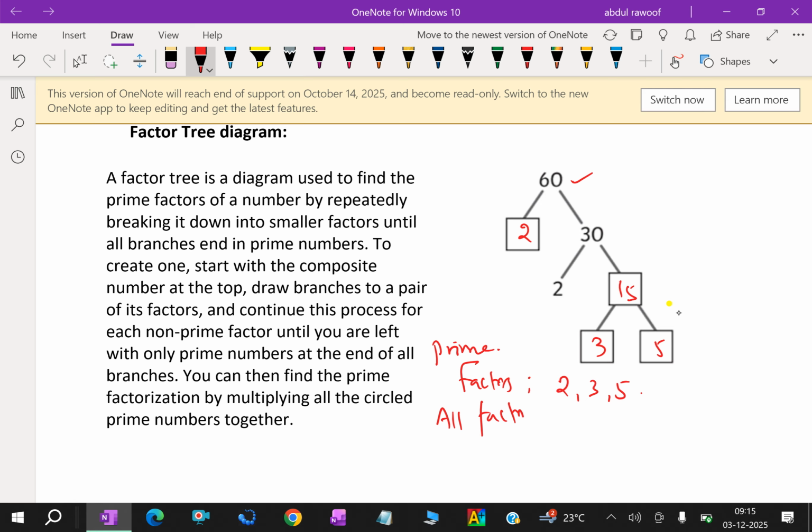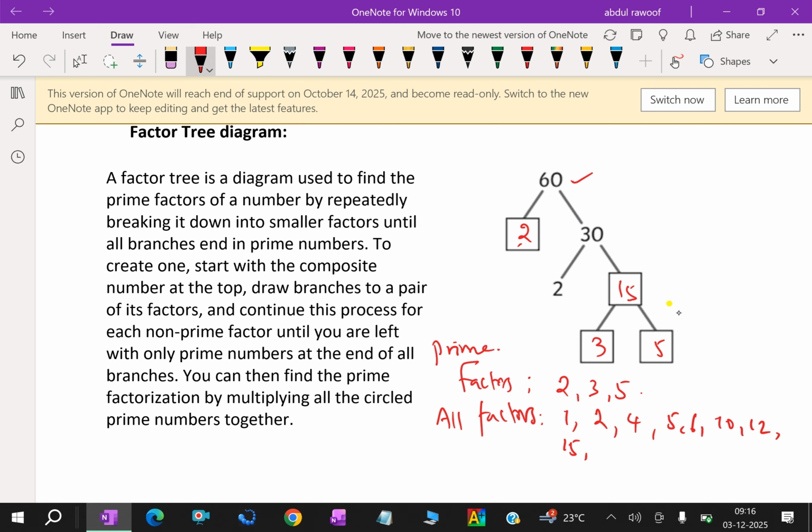All factors of 60: 1, 2 is a factor, 2 into 2 is 4 is a factor, 2 into 3 is 6 is a factor, 2 into 2 into 3 is 12 is a factor, then 10 is a factor, 4, 5, 6, 10, 12, 15, and 20 is a factor.